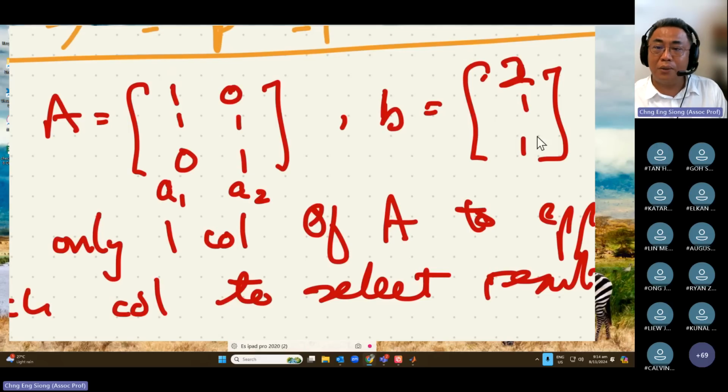B is now 2, 1, 1. Do we choose A1 to approximate B, or do we choose A2 to approximate B? A1 or A2? No, of course not A2. A1, A1. Right?